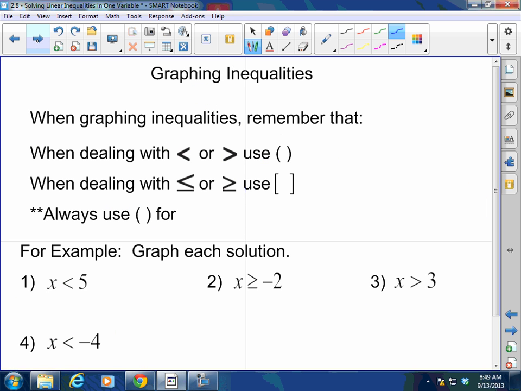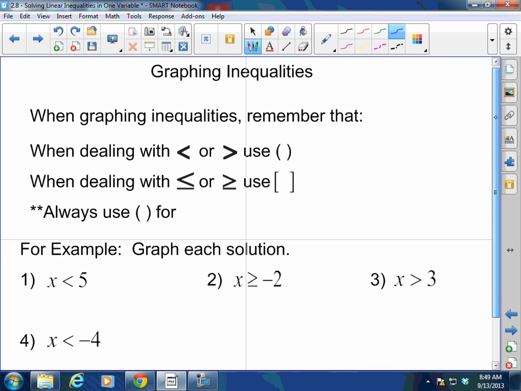Now, we're going to go through graphing a little bit more detailed, but we pretty much already did it. I should have actually put this first. Sorry about that. Graphing inequalities. When graphing inequalities, remember, when dealing with less than or greater than, you use parentheses. You used to use open circles.